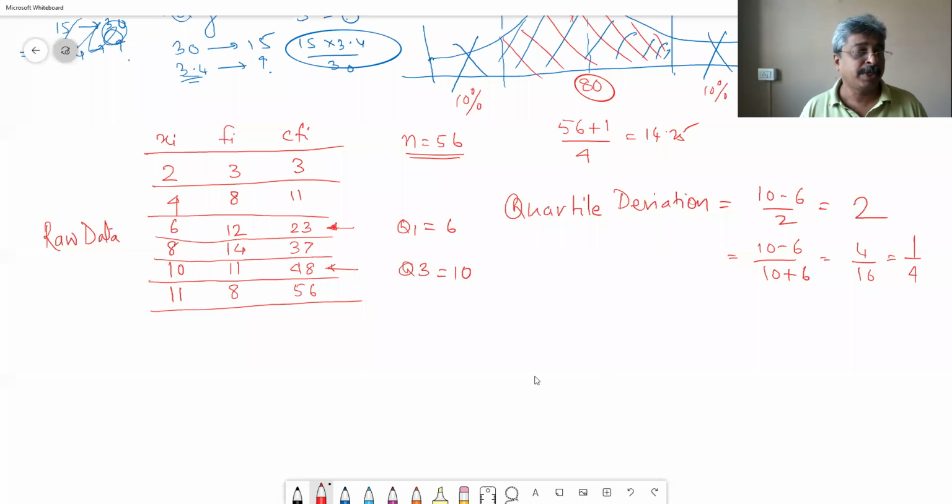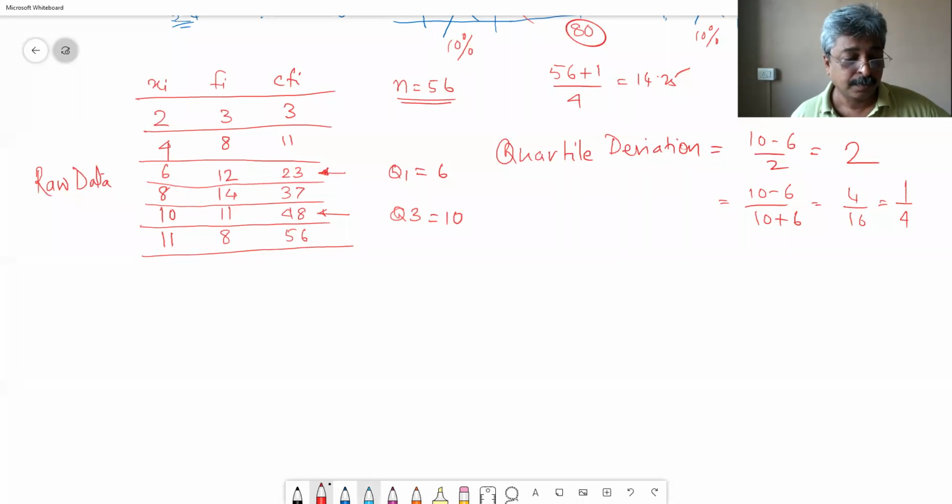I am very clear about it, and I think you also should be. We don't want to spend much time on this because there will be one question in mains. That is the end of the story. If we understand that question and know the formula to find the answer, it is going to be a very easy question. Okay. Next.